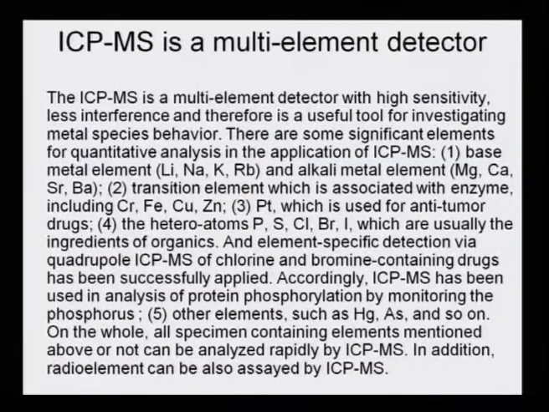On the whole, all specimens containing elements mentioned above or not can be analyzed rapidly by ICP-MS. In addition, radio elements can also be assayed by ICP-MS.